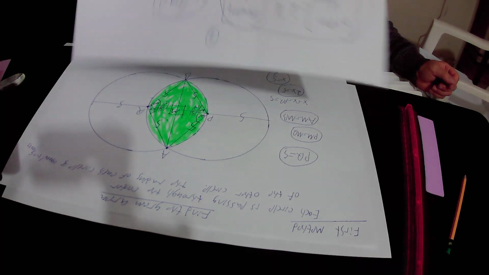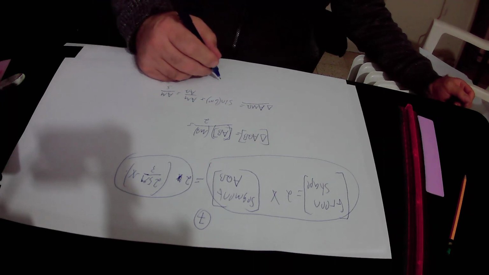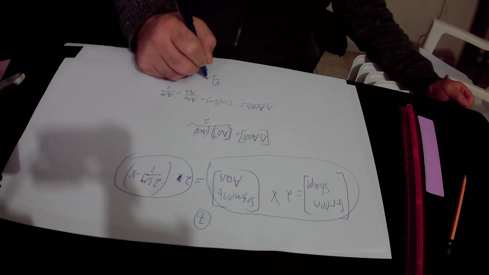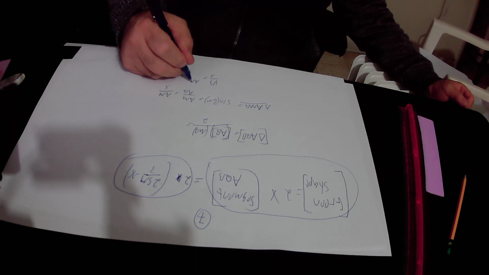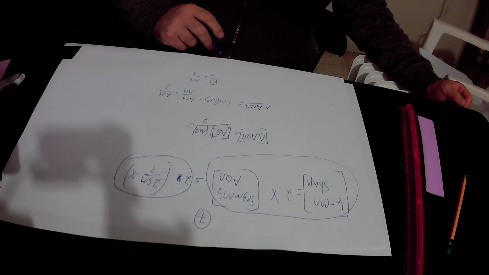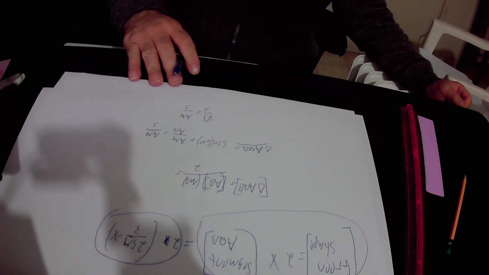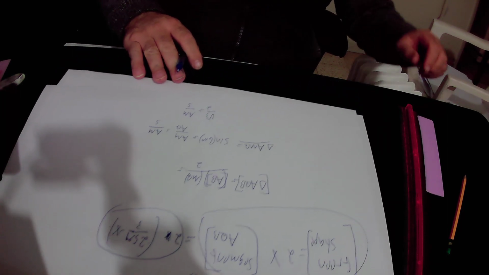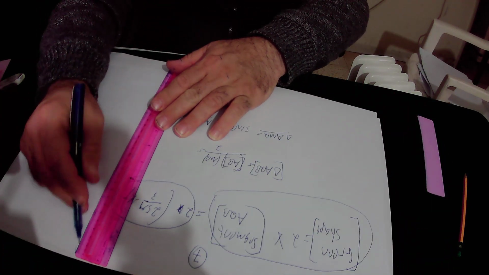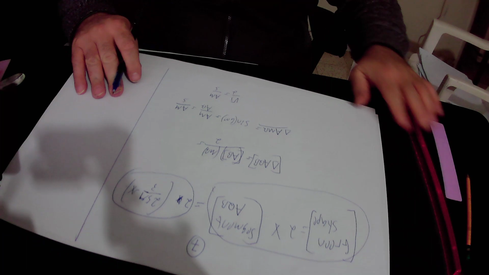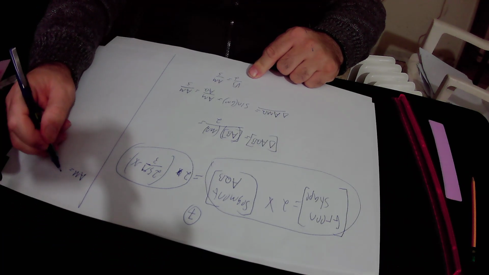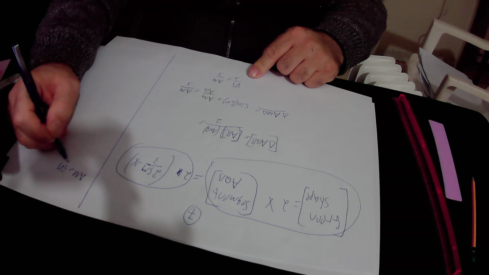So sine 60 degrees is square root of 3 over 2, and it equals AM over 5. So here we will multiply this equation by 5, and we will get that AM equals 5 times square root of 3 over 2.